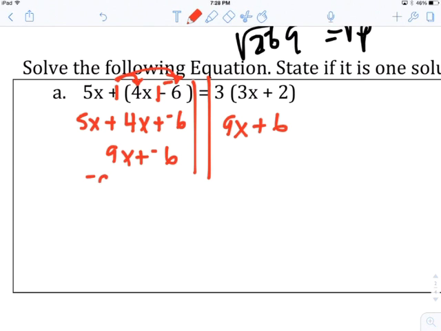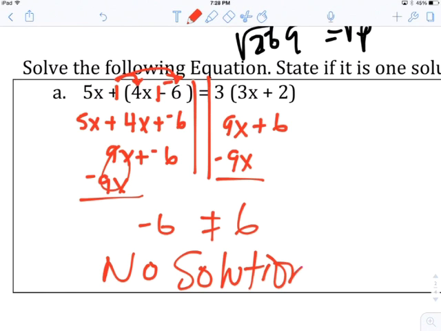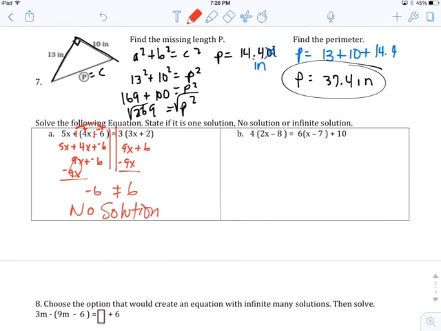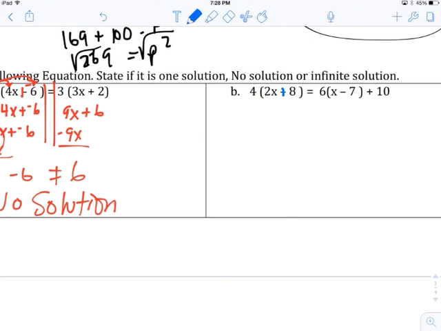Okay. Minus 9x minus 9x. Negative 6 does not equal 6, no solution. Distribute, distribute.